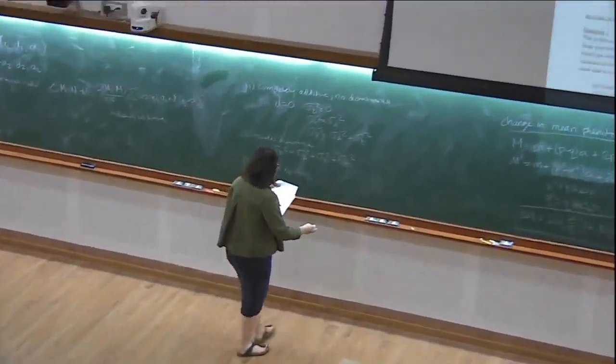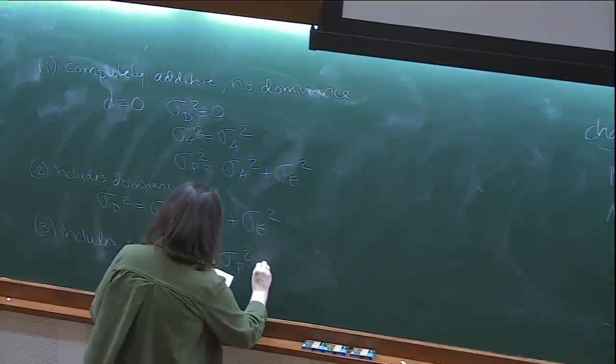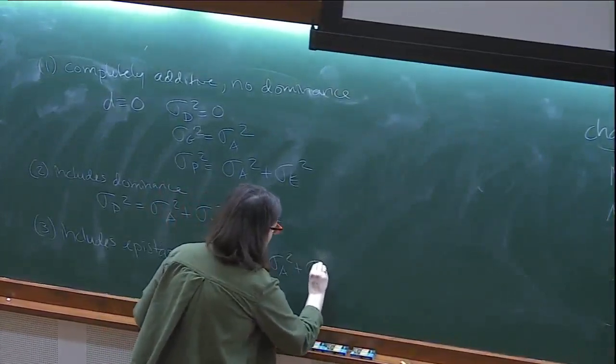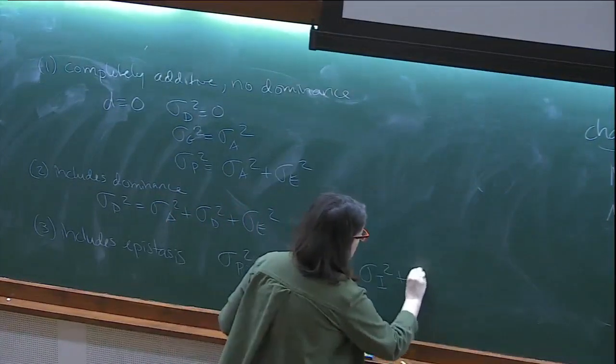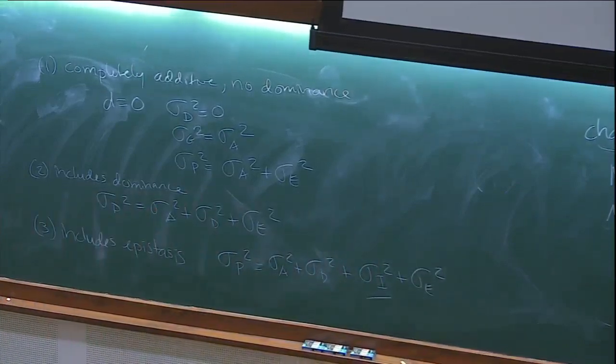But in general, you can work out a version of this model which includes an additional variance component that's due to epistasis. We use I for interaction because we're already using E for environment.